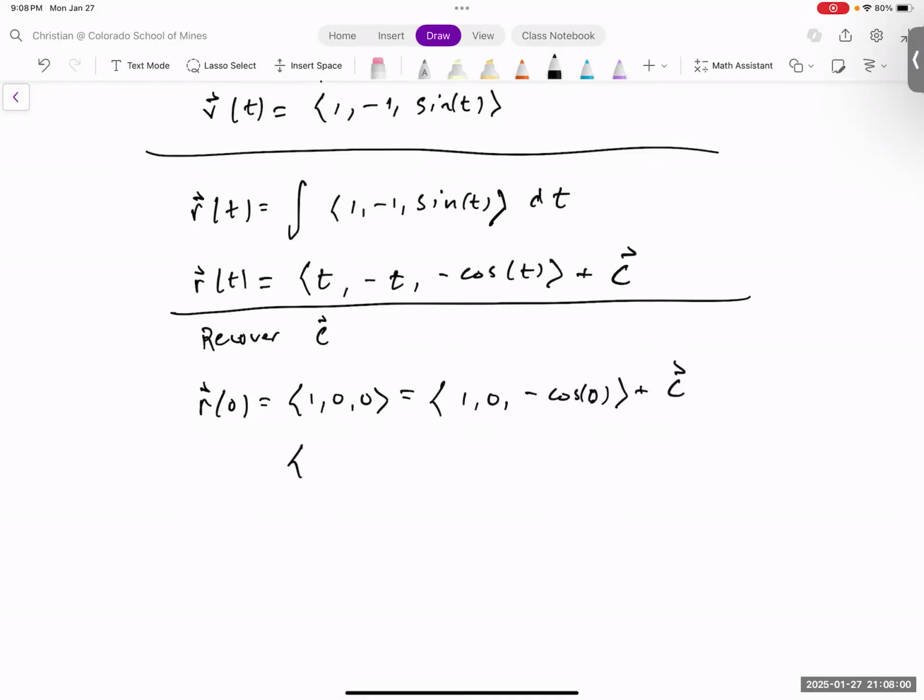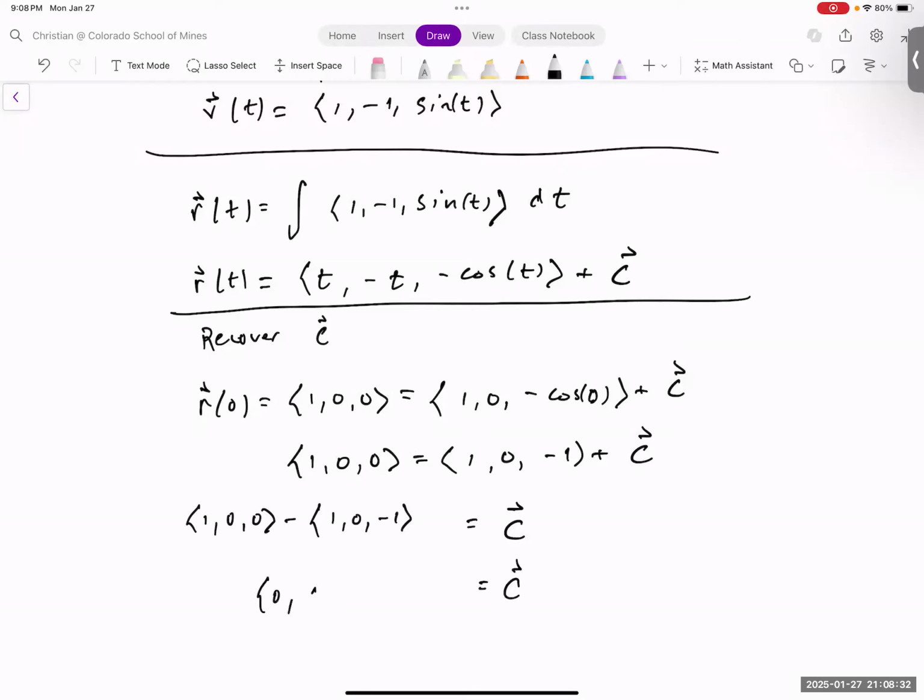So 1, 0, 0 is equal to 1, 0, and cosine 0 is 1, so negative 1, plus the constant C. So C is equal to the vector 1, 0, 0 minus the vector 0, 0, negative 1. We're subtracting that. So our vector is 1 minus 0 is 1, 0 minus 0 is 0, 0 plus 1 is 1.